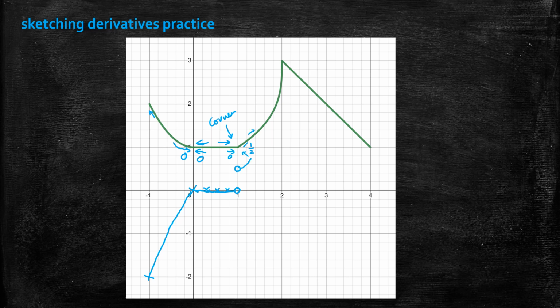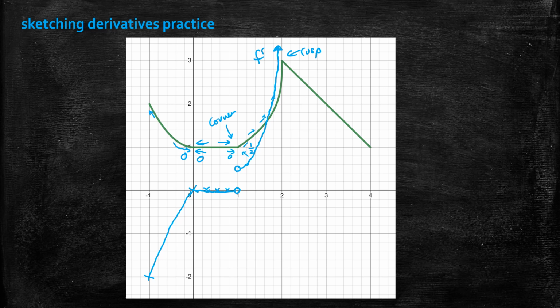We can tell that the slope is getting steeper and steeper. In fact, it looks like it's heading up to infinity, and it is because we have a cusp here. So if I'm graphing the derivative function, it's looking like this. Remember, the blue graph is the derivative, the green is the original.